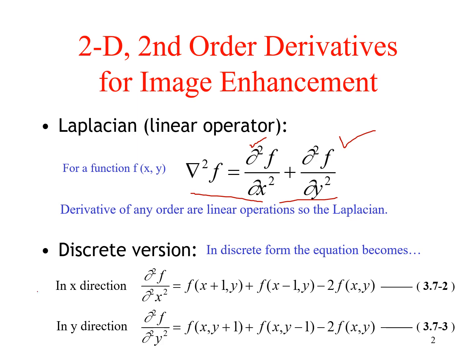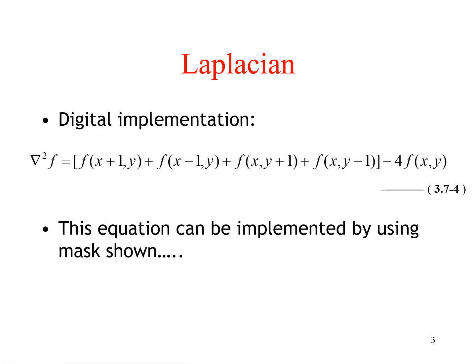So the discrete version in x direction of second order derivative is given by this formula. This we have seen last lecture. In y direction it is this.